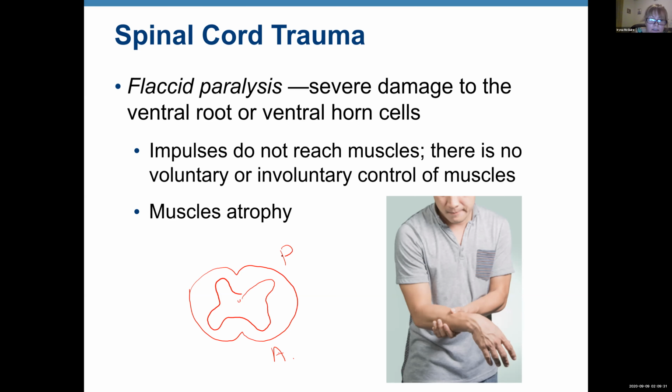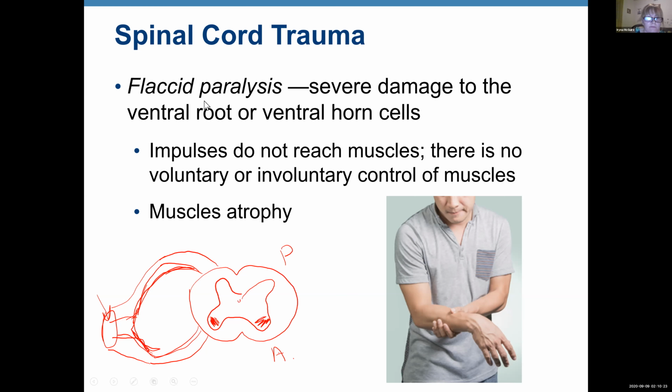This gray matter inside, right here and here, is called the ventral horn, and then we have this ventral root and this dorsal root, and these roots come together, making the spinal nerve, right? So that's a spinal nerve.